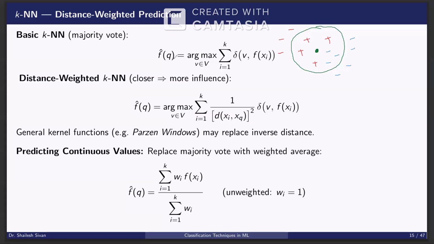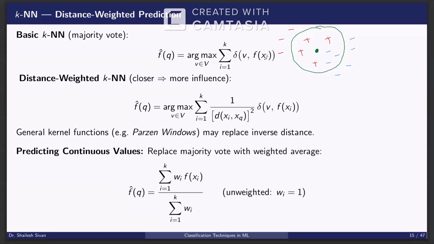So f dash of q, a query, f dash of q is equal to argmax of sigma, i equal to 1 to k, delta of v comma f of xi.